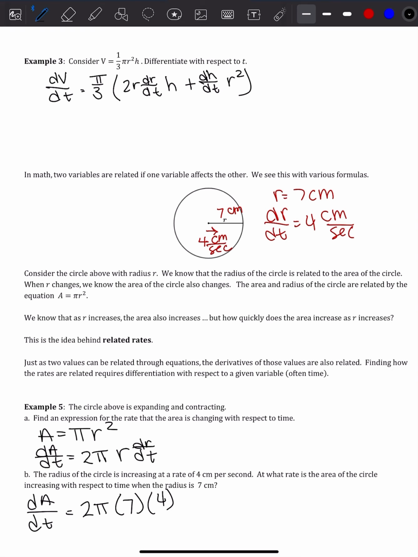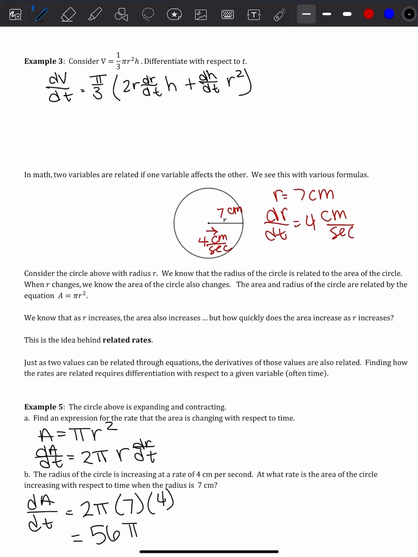We have π that we're going to leave there for a second. 2 times 7 times 4 is 56. So we have 56π.